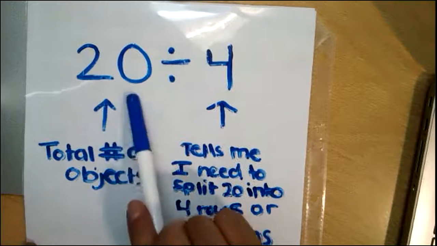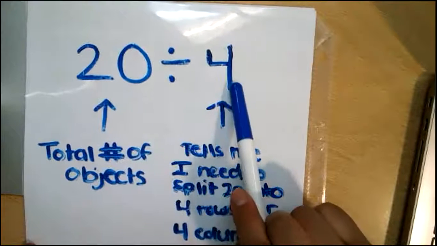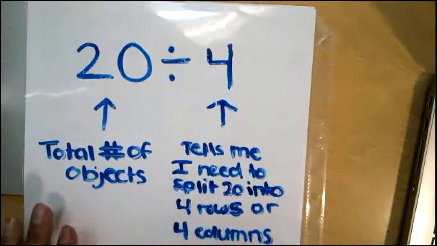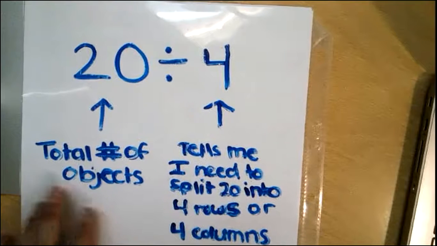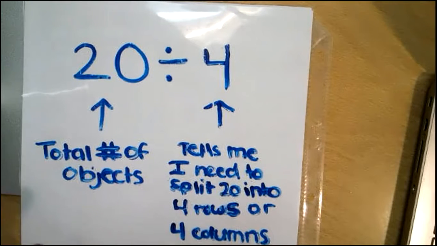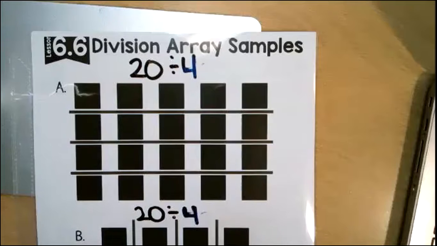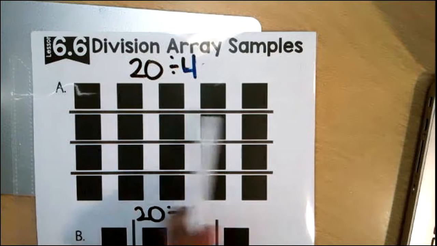So let's look at our problem, 20 divided by 4. 20 is our total number of objects. And 4 tells me I need to split 20 into 4 rows or 4 columns. So in sample A, I have 20 objects divided into 4 straight and equal rows.